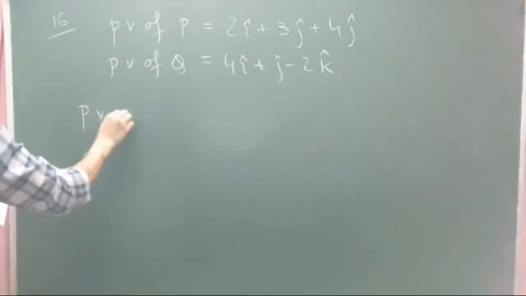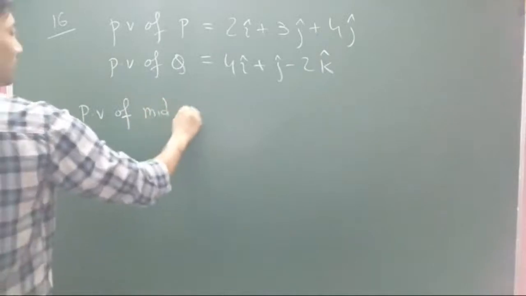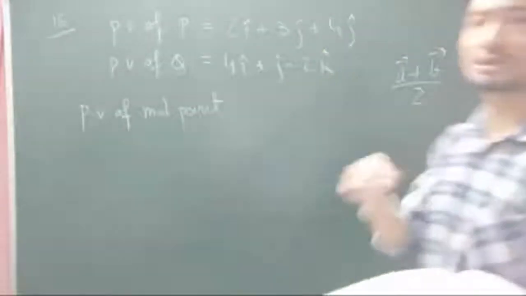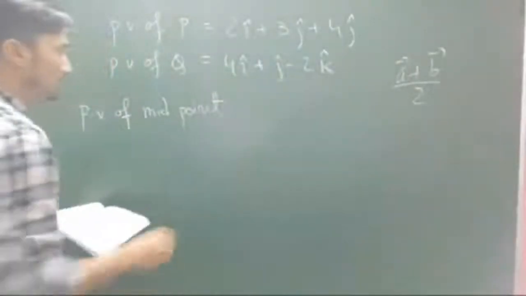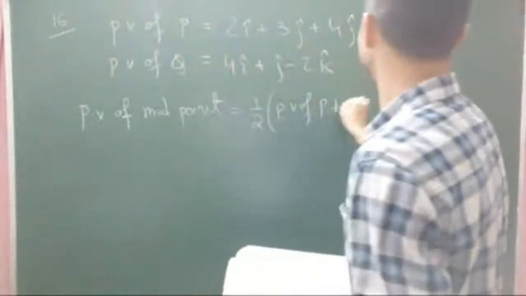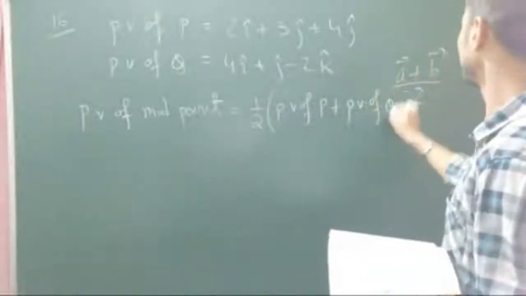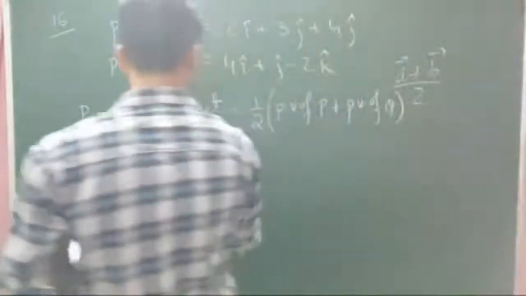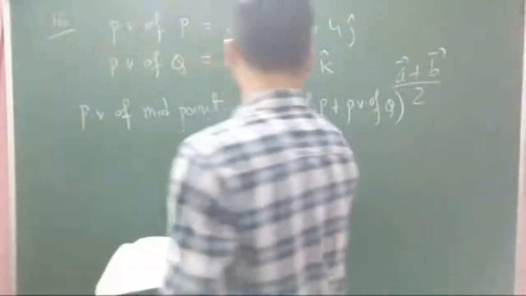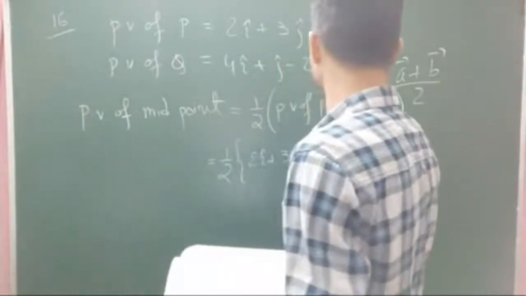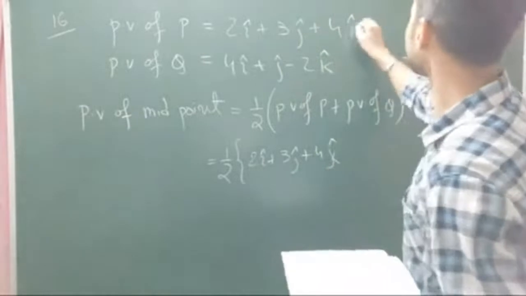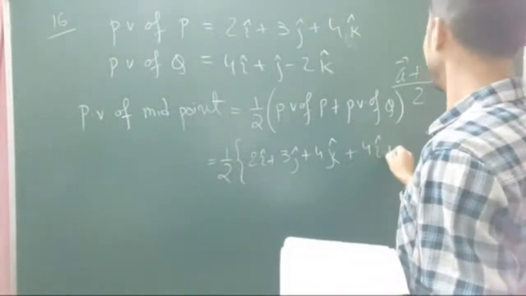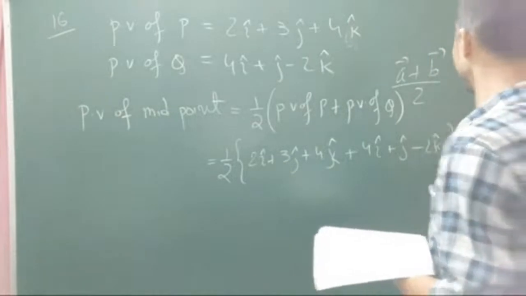So now directly the position vector of the midpoint. Now midpoint we already know. What is it? That's simple. A vector plus b vector divided by 2. And also we have already used that concept. So position vector of the midpoint will be simply 1 by 2 position vector of P plus position vector of Q. So that will be 1 by 2 (2i plus 3j plus 4k) plus (4i plus j minus 2k).